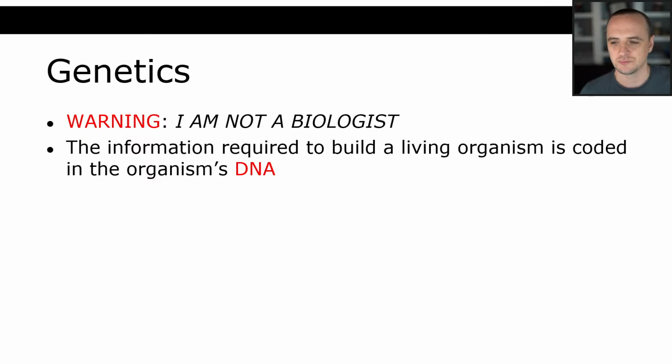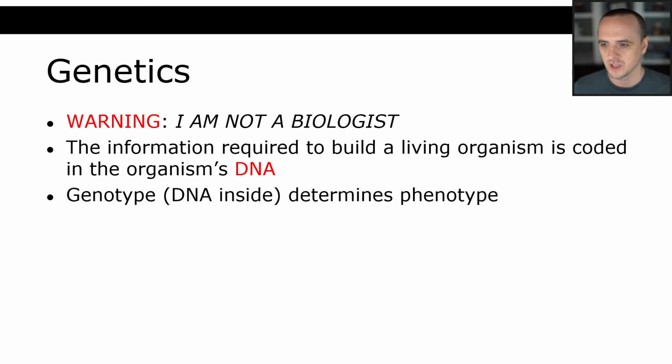All right. The information required to build a living organism is called the organism's DNA. Think of DNA as the source code for an individual. That is a good analogy. The DNA is the source code. The genotype, that is the DNA, determines the phenotype. So the genotype is the encoding. It's the DNA. It's the source code.